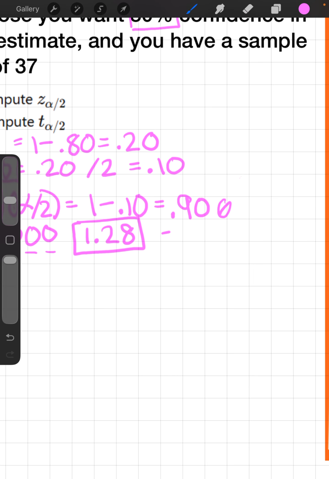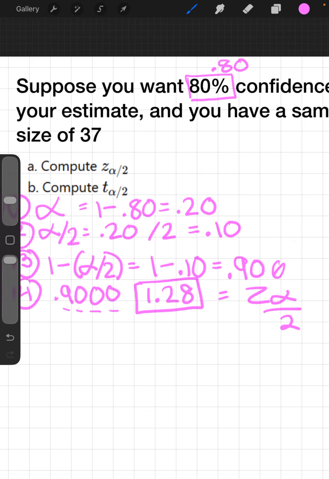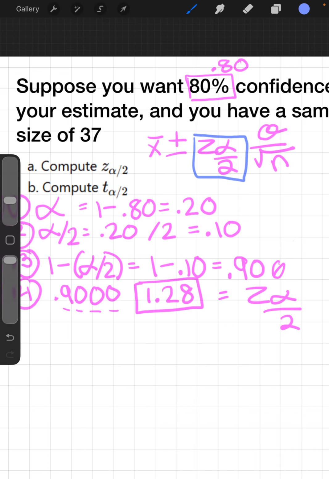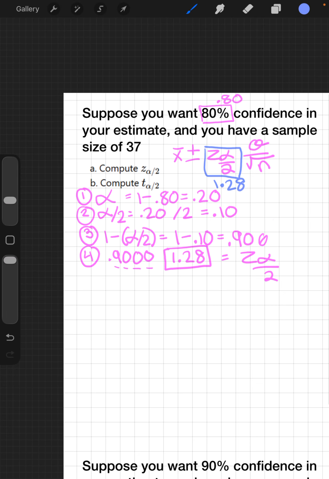This is equal to that. Let's say you insert this right here. You would put 1.28. Okay.